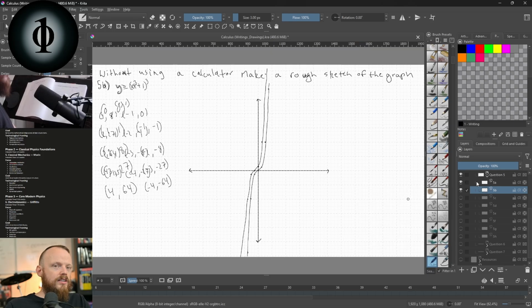They're obviously both cubed, so they have a similar slope.